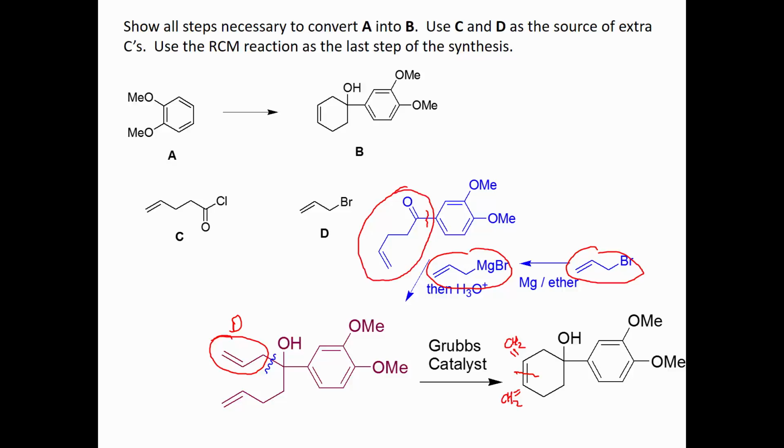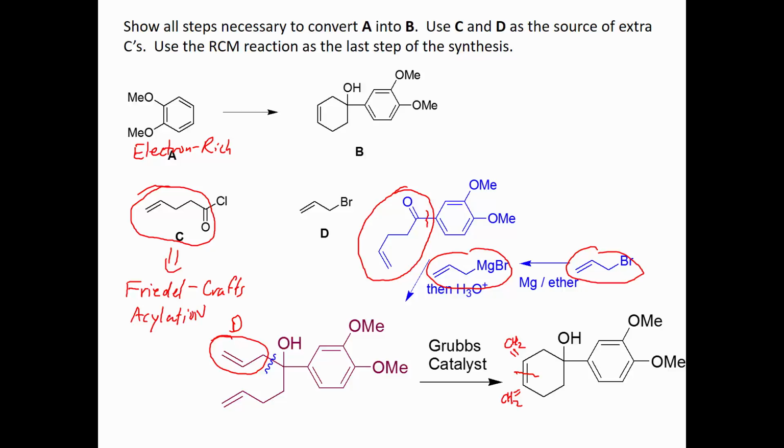And what we need to do now is introduce that whole group there, which you see corresponds to everything in C that isn't chlorine. Note that this ring is very electron rich, and this is going to be used to do the Friedel-Crafts acylation reaction.